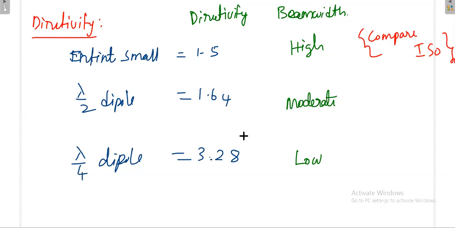And again, for all these antennas you take the U(theta, phi) value, the radiation intensity value. Everything is there in the book, the antenna book by KD Prasad.